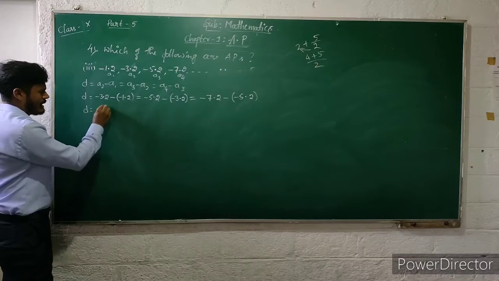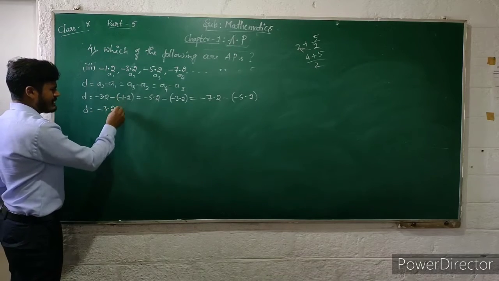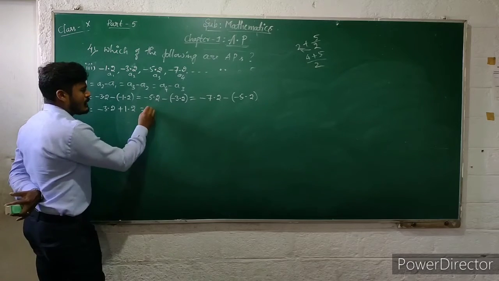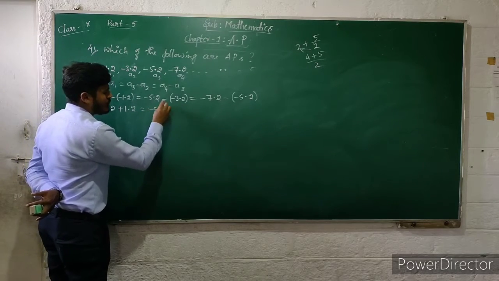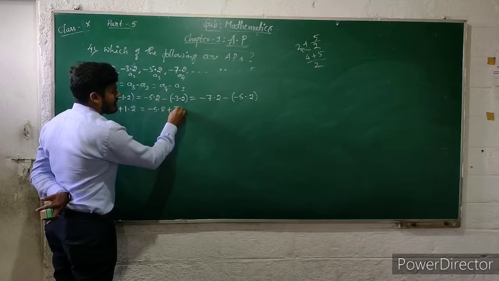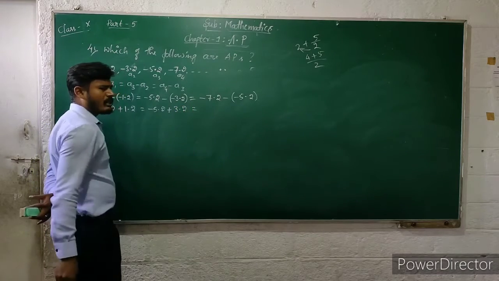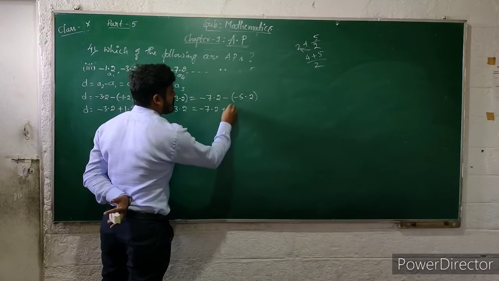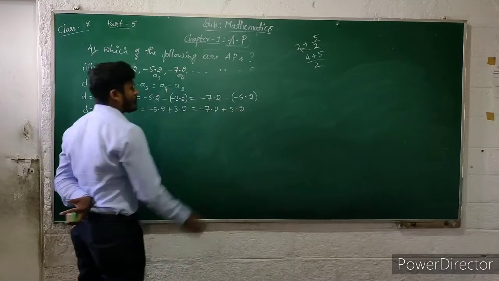Then D is equal to minus 3.2 minus into minus plus 1.2. This is equal to minus 5.2 minus into minus plus 3.2. This is also equal to minus 7.2 minus into minus plus 5.2.